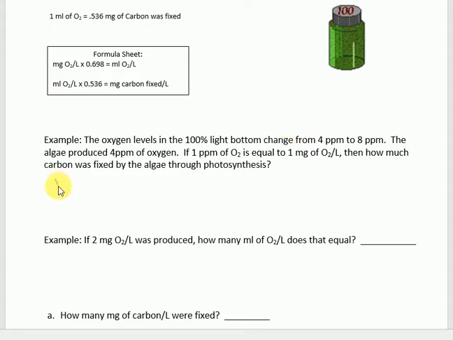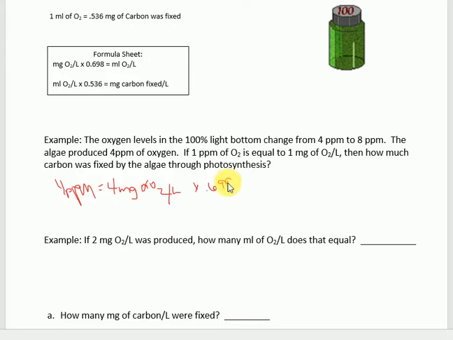So we know we have 4 parts per million. And that is going to equal 4 milligrams of O2 per liter. Okay? So we're going to plug this into the formula up above. So that tells us we need to multiply this 4 by the 0.698.